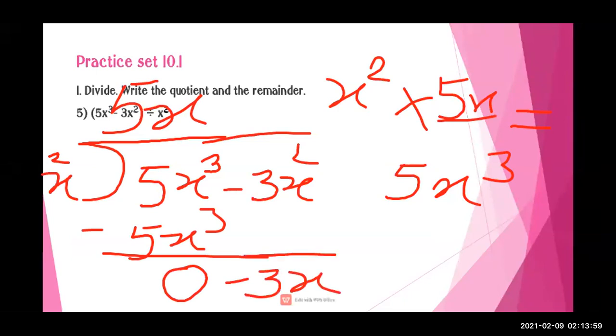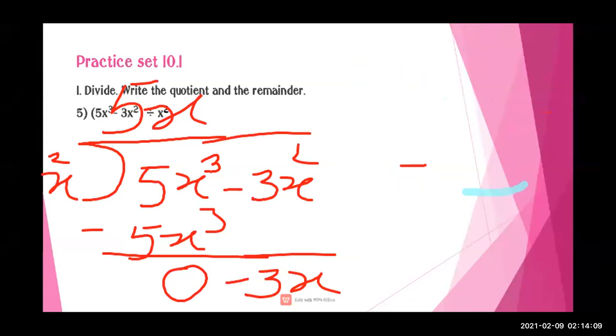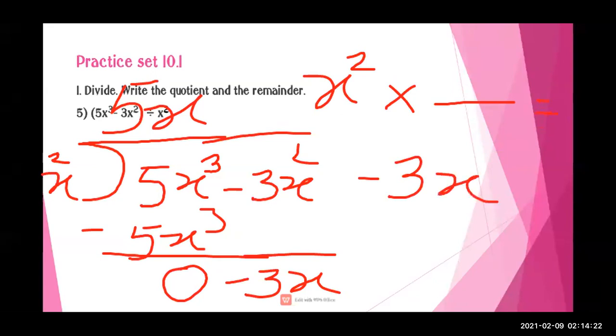You will not solve together. One by one you will take. Then minus 3x square. Then the next working column, what you will write? I am rubbing this because there is no space. So I rub it there. Now next will be the same. x square should multiply by dash equal to minus 3x square.